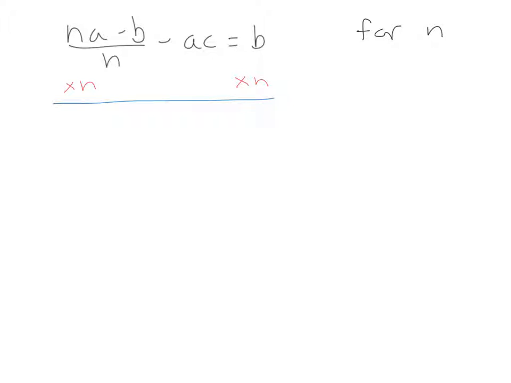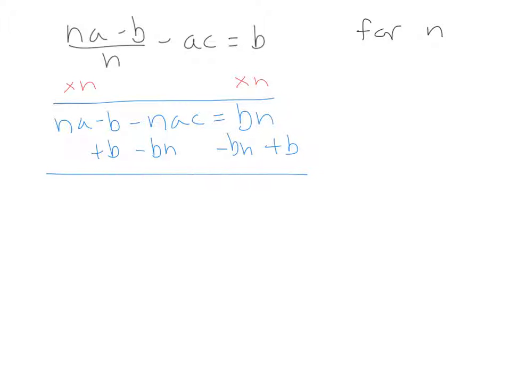The result of doing that, once again, is going to be na minus b minus nac, do not forget that, equals bn. And now if we wanted to collect our n's, what we're going to want to do is get all our n's on one side. So I'm going to suggest adding b to both sides, and at the same time I'm going to subtract bn from both sides.